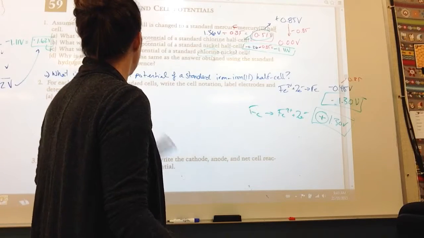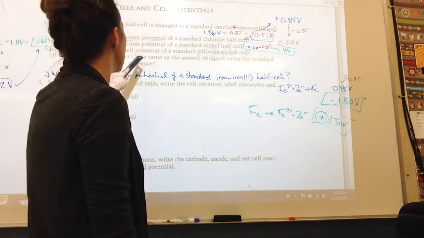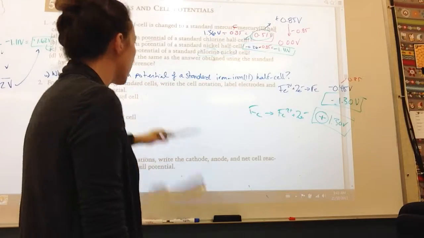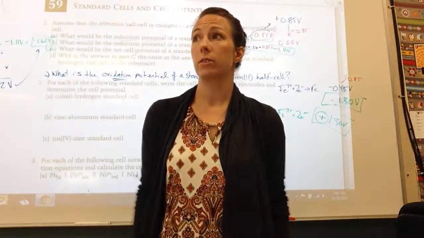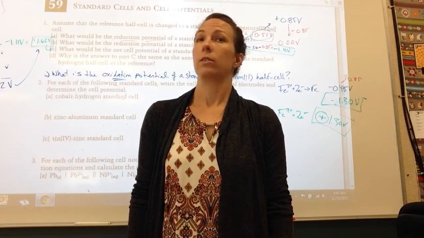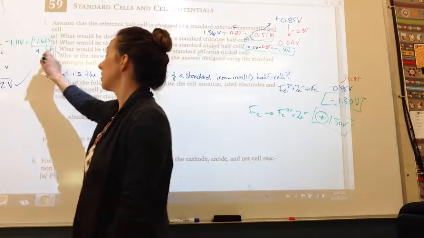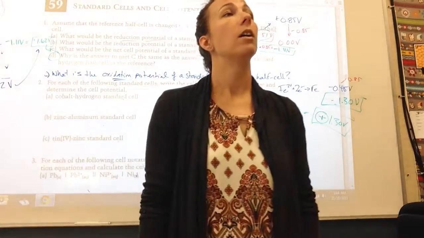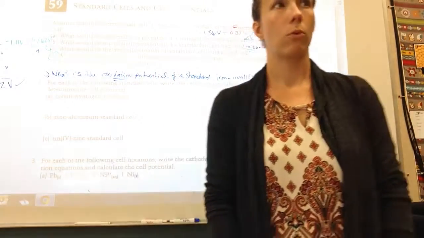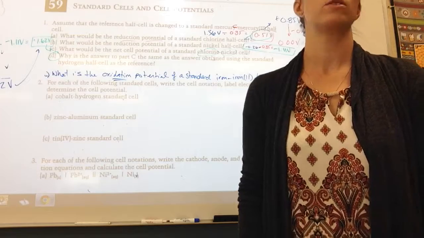Okay. So what is the answer to part C? Why is the answer to part C the same as the answer taken from the standard hydrogen half cell? What's the answer to D? It's just shifting up and down on the scale, so it'd be the same difference. Right, the difference is always the same.